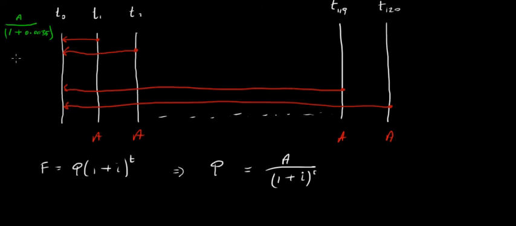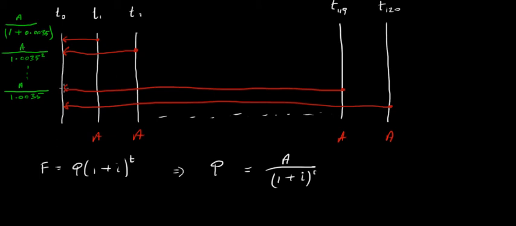So what about the second one then? Well, it's going to be exactly the same as this. It's going to be A over 1.0035. This time it's going to be squared because we're looking at 2 months here, and so on all the way down along. When we get to here, we end up with A over 1.0035, and how many months is this?